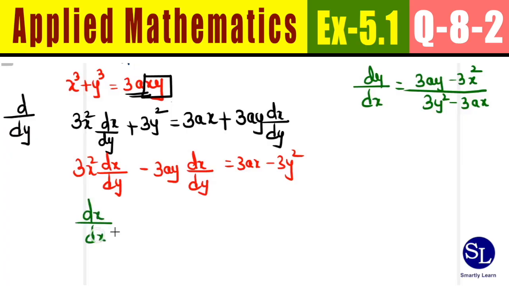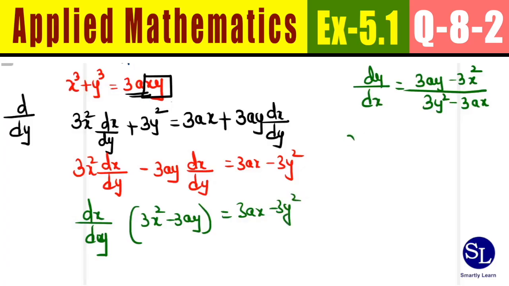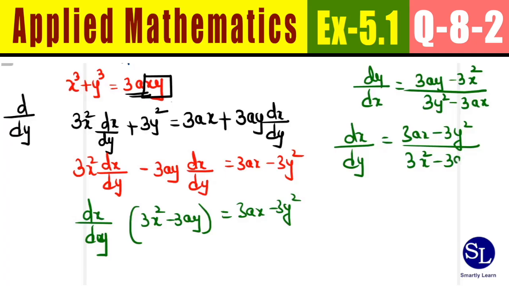So dx by dy into 3x squared minus 3ay is equal to 3ax minus 3y squared. So this means dx by dy is equal to 3ax minus 3y squared, the whole thing divided by 3x squared minus 3ay.